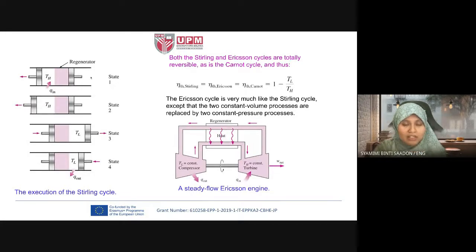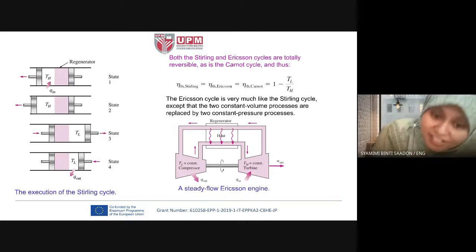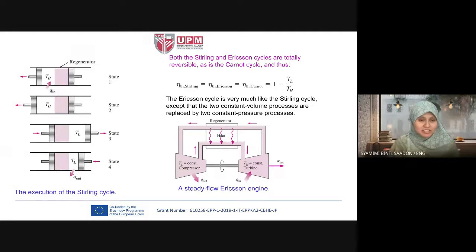Okay, so how do we execute the Stirling cycle? One thing interesting about this Stirling cycle is that it is an external combustion engine. Okay, what do you mean by external combustion engine? The Stirling engine can run with an external heat source.